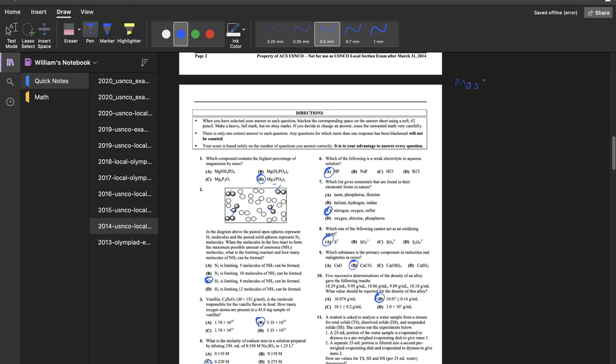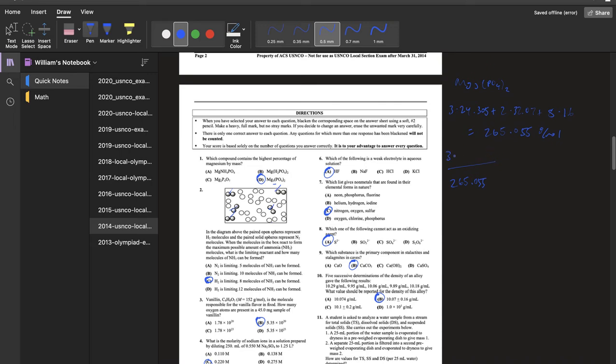So the molar mass of magnesium phosphate is going to be 3 times 24.305 plus 2 times 32.07 plus 8 times 16, which gets us 265.055 grams per mole. That's going to be our denominator when we find this fraction, which is going to be our percentage.